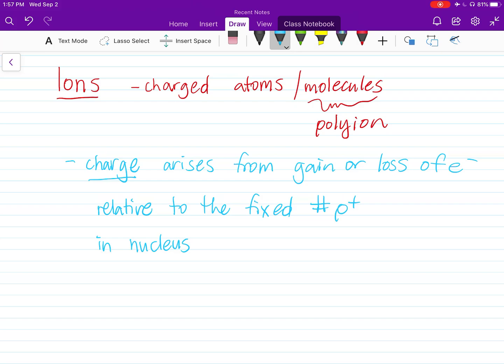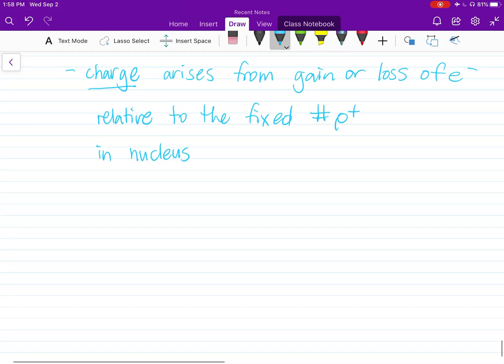But electrons, especially the outermost electrons, which we call valence electrons, can be easily gained or lost. And if you lose an electron relative to the fixed number of protons, then you are going to create a positively charged ion. If you gain an electron relative to a fixed number of protons, you're going to create a negatively charged ion.